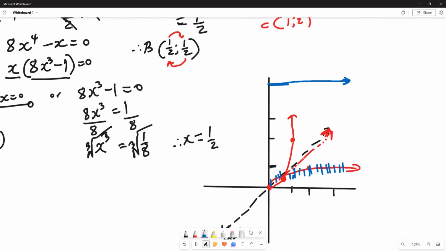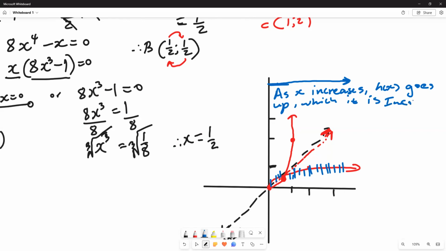It keeps on going up, you see it. So you always check what happens as x increases. As x increases, h of x goes up, which means it is increasing.